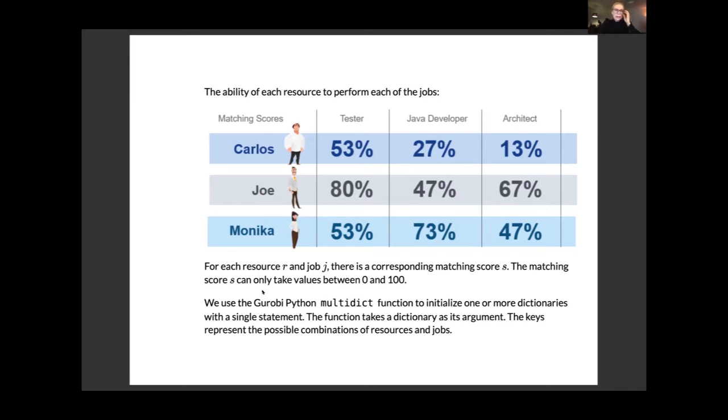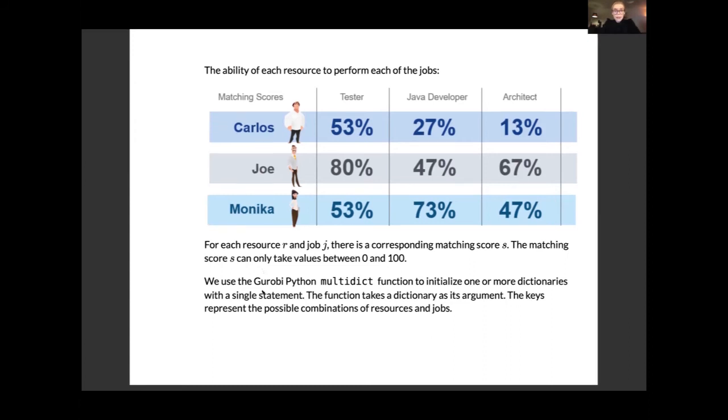It's basically an improvement of the dictionary function that we were talking about when we were talking about the basics of Python. And you can use it to initialize 1 or more dictionaries with a single statement. The function takes a dictionary as its argument, and the keys will represent the possible combinations of resources and jobs.